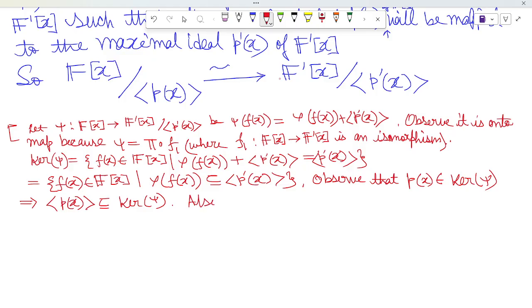Also, the ideal generated by p[x] is a maximal ideal. Why is it maximal?